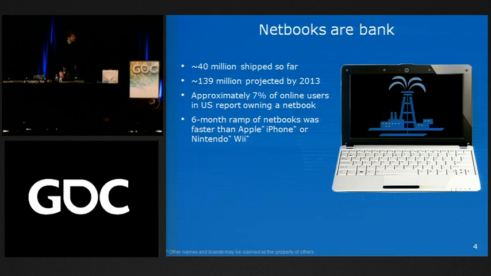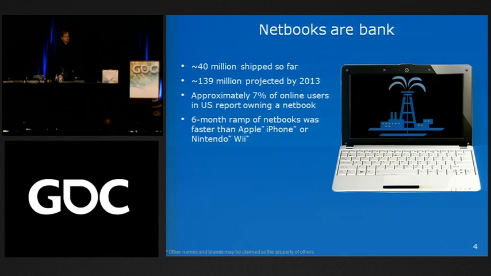So speaking of the market, how many netbooks are there actually? So far there's been about 40 million netbooks shipped, right? So why do you care about developing for netbooks? Well, there's millions of netbooks. There's more coming, projected by 2013 to be around 139 million. So it's a really good market to hit.